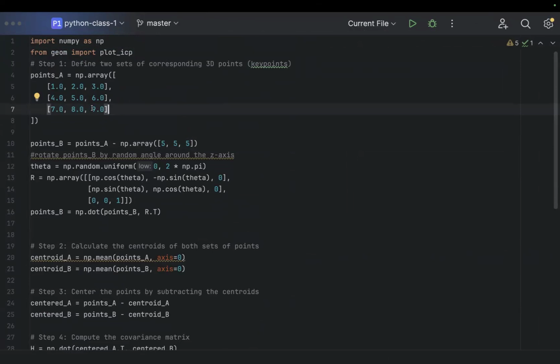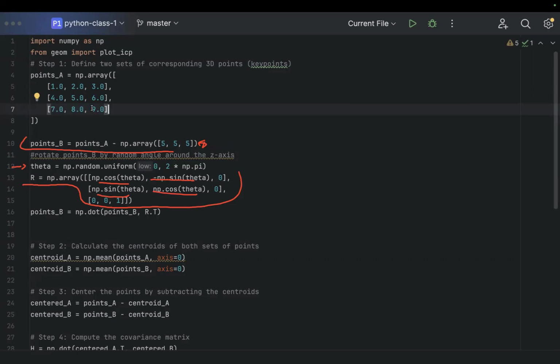I first add a fixed translation of 5, 5, 5, and then I create a random angle and rotate them around the z axis. So cos theta, minus sine, cos around the z axis. Is it clear why this is a rotation around the z axis? Everybody? Okay.